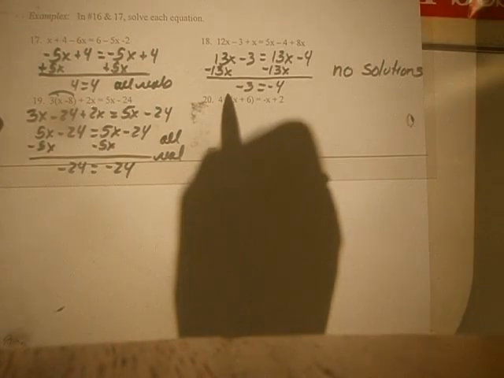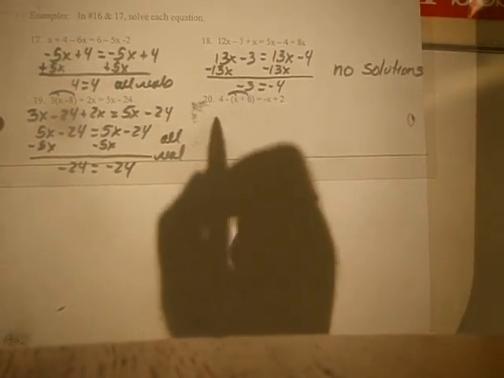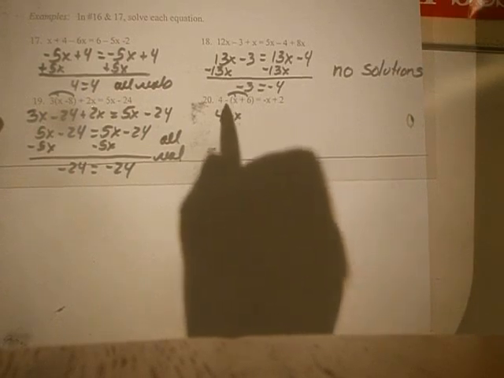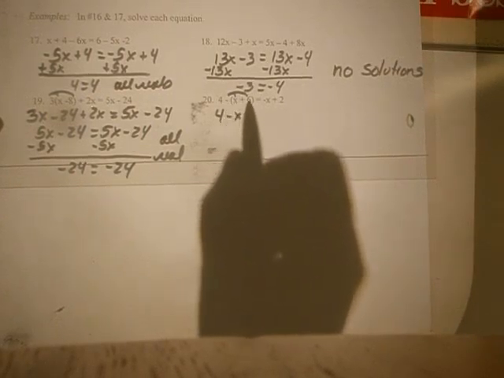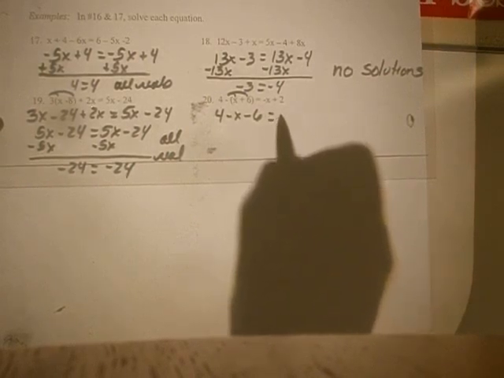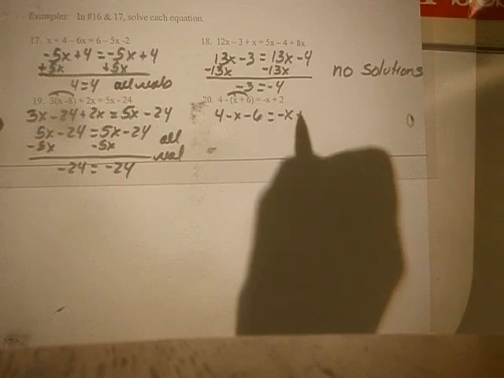And number 20, we have to distribute this subtract. 4 subtract x, and when you give that subtract to the 6, it would also be a subtract 6. That is going to equal negative x plus 2.